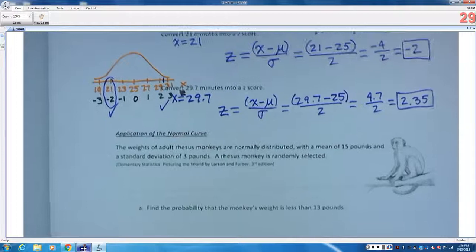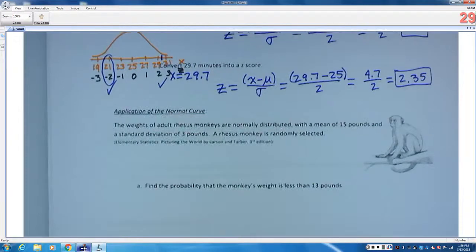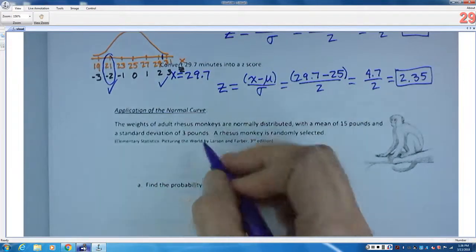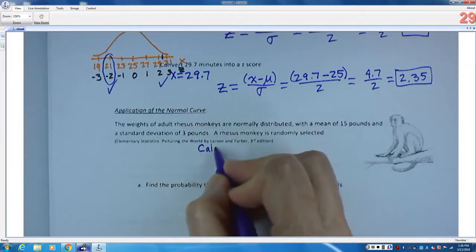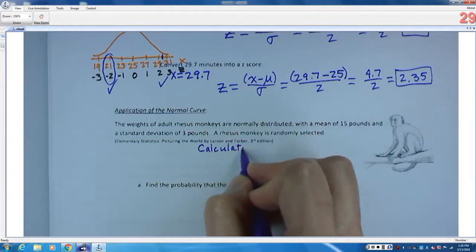So here's an example of an actual application problem, and I am going to give you the calculator shortcut. So let's write this down. You want to use the calculator shortcut.